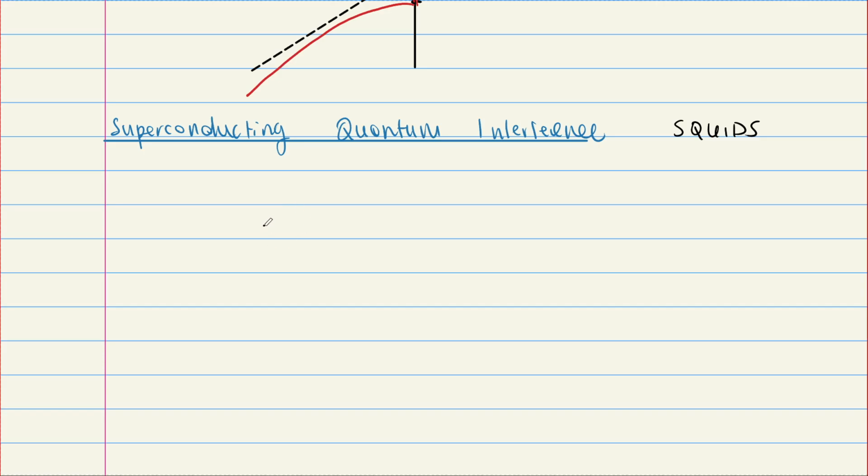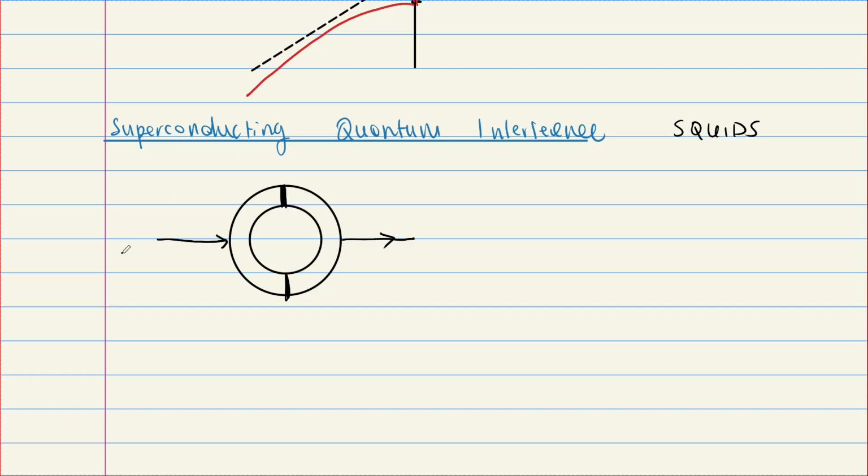I want to have a Josephson junction, but in a weird geometry. Let me draw it. Something like this, and something like that. And what I want to do is put a junction here and a junction here, and flow the current from here to there.